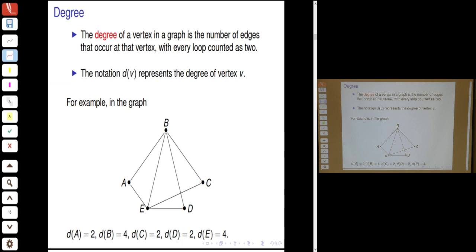The degree of a vertex is the total number of edges which contain that vertex. In particular, on the Facebook graph, since an edge denotes friendship, the degree of a vertex is the total number of friends of that particular Facebook user. Okay? Is it clear?